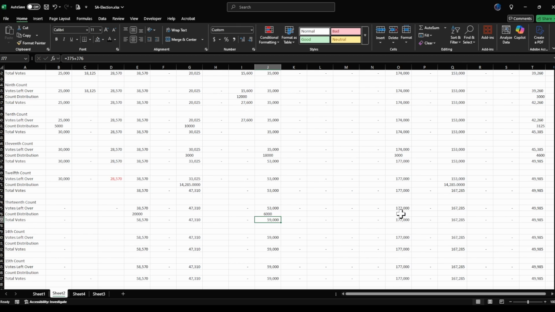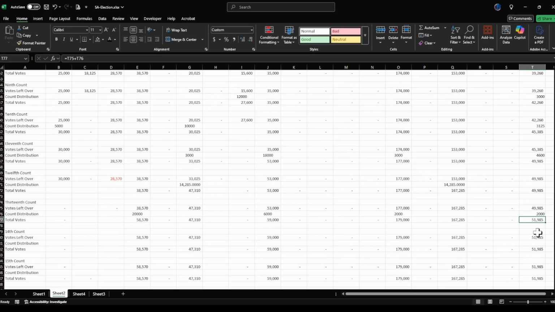And we will do 2,000 votes. And we will put in here 2,000, 26, 28, yep, 2,000 votes that expired.